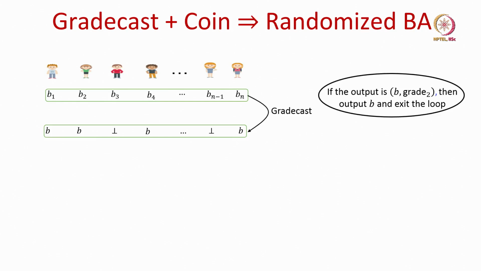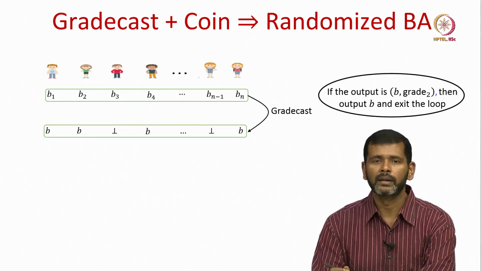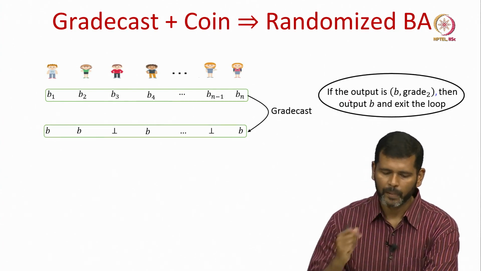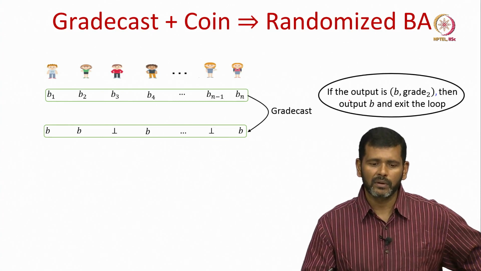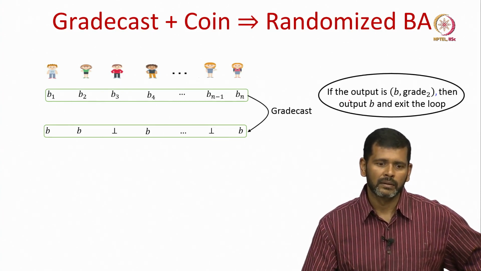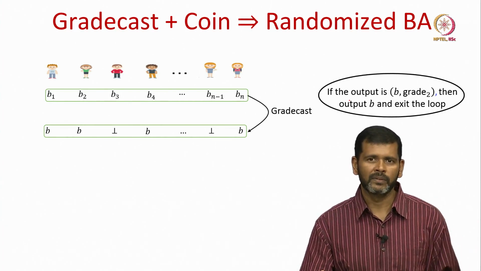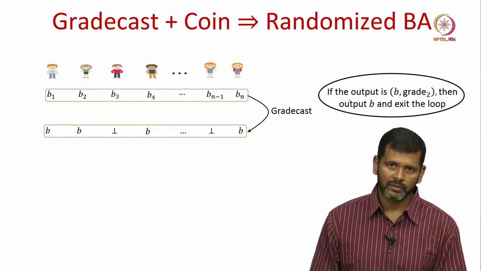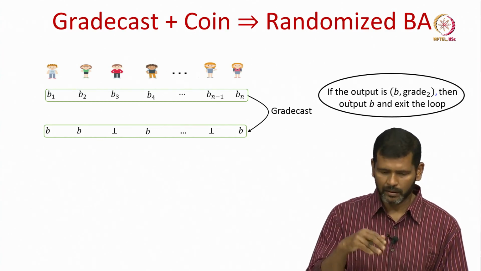Now, let us see what happens if we use this Gradecast protocol in the framework instead of the vote protocol. Gradecast is still the vote protocol, except that we now ask the party to terminate the protocol and exit the loop with a special halting instruction for all the future instances of vote and coin in the framework.